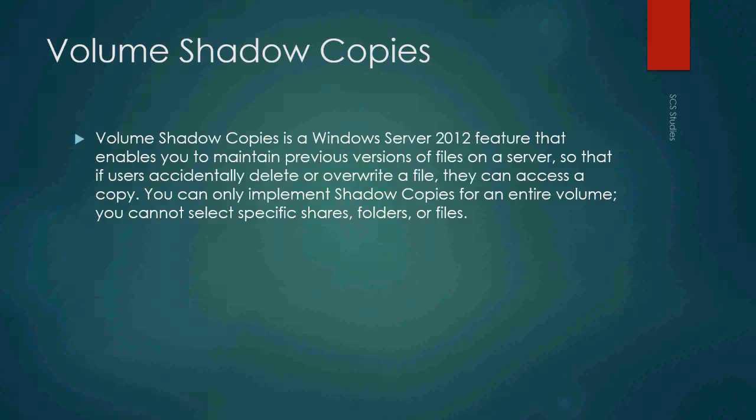You can only implement the shadow copy for an entire volume. You cannot select specific shares, folders, or files. So volume shadow copy can only be configured per drive, and it will automatically take some space from the drive to store the previous versions of the files.